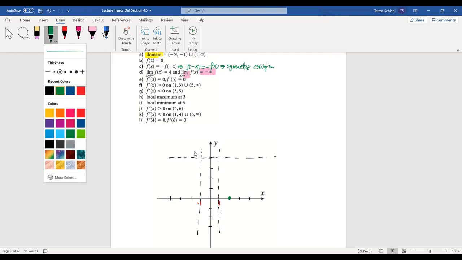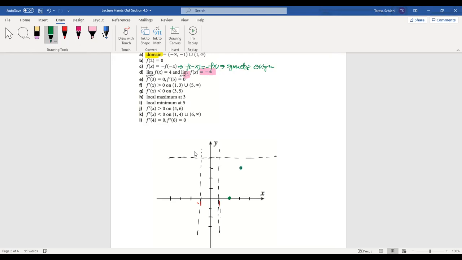Now the next one says f prime of 3 is equal to 0. What does that mean? That means you may have a critical point here. I don't know what the y value is, so I just approximate it.